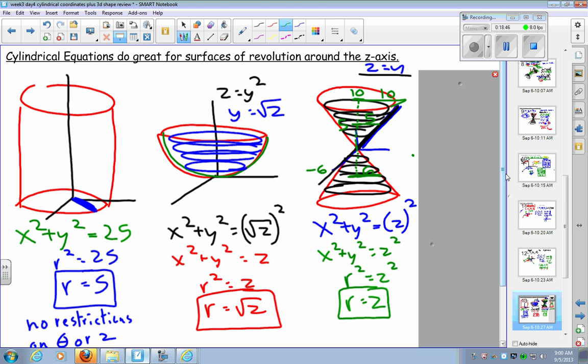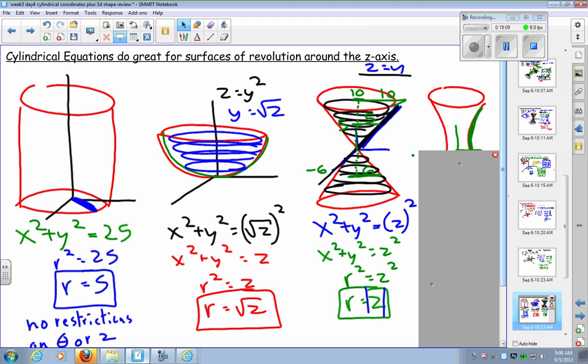It's actually 6. So when I do square roots, you know how you get the plus or minus? Well, I might be a little bit more specific here and say the radius always has to be positive when you spin these. So the radius is the absolute value of z. That is the exact same form for an elliptical cone in the cylindrical way.